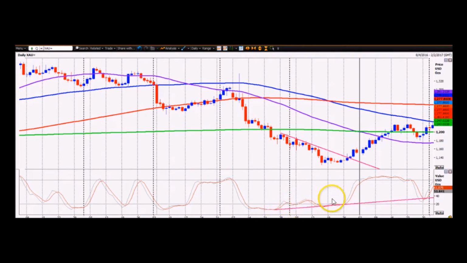So this is what we would call a positive divergence. The price is trending lower, but this is starting to trend higher, and this will indicate to you that the momentum is potentially changing and there could be a trend change. And of course, in the end, there was a trend change.